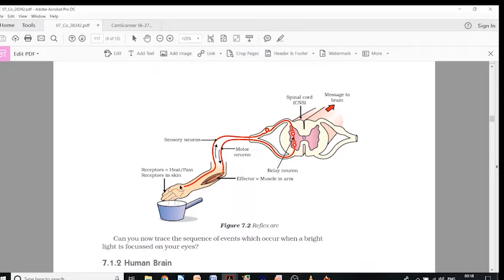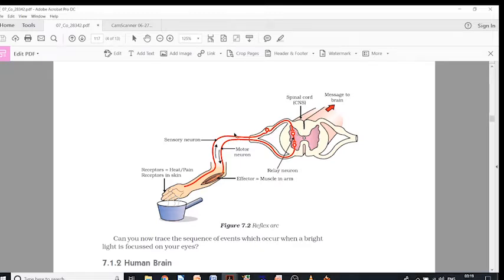Let's start. When this hand touches the hot pan, immediately the nerve endings present here in our hands, the dendrites or receptors, receive the signal, and the signal is passed to the spinal cord.